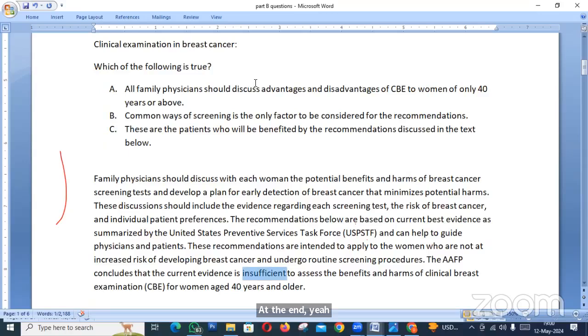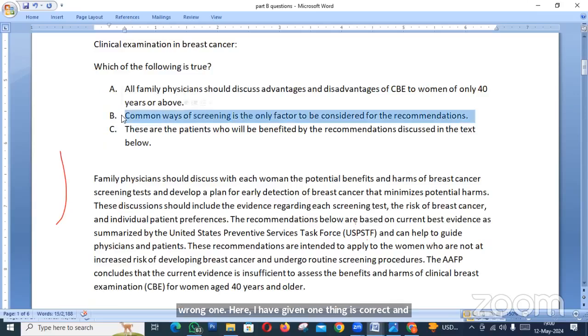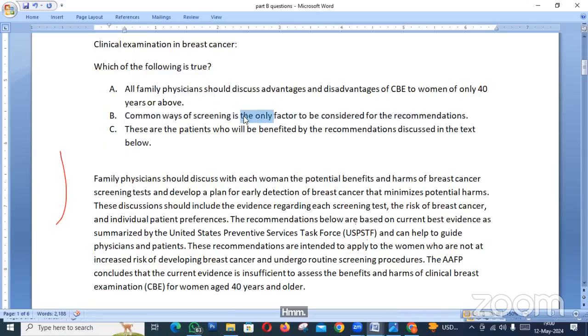So this is wrong. Here I have given one thing that is correct and one extra thing, but you cannot say only. If you remove this only, then your B is also correct.